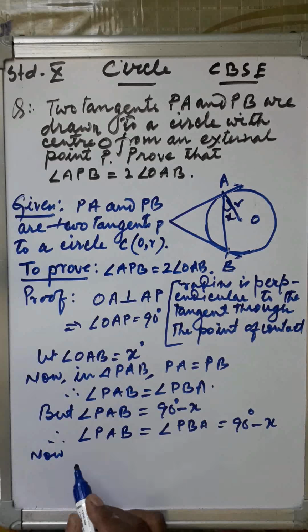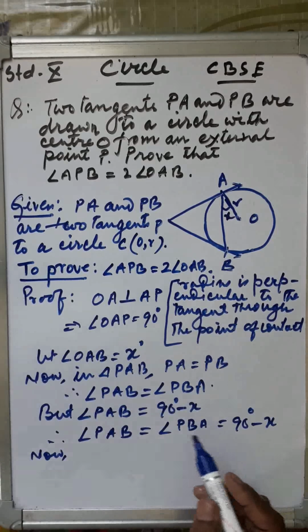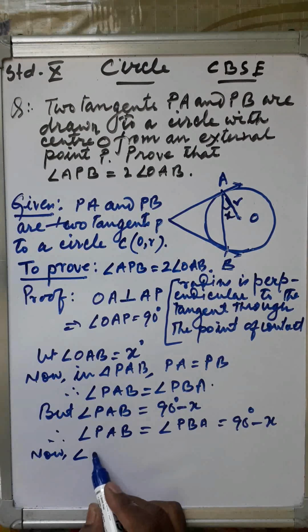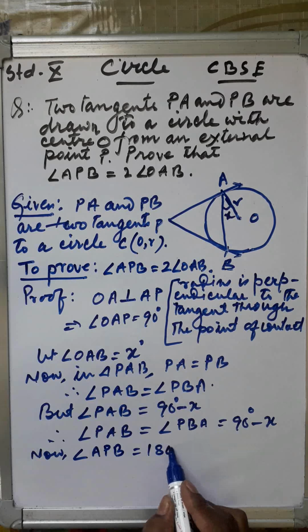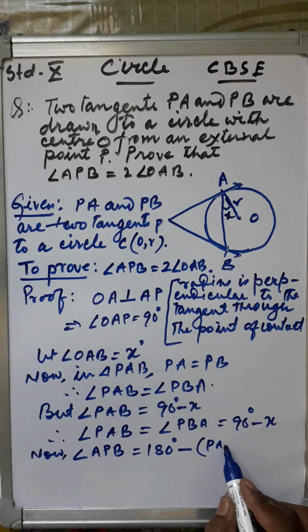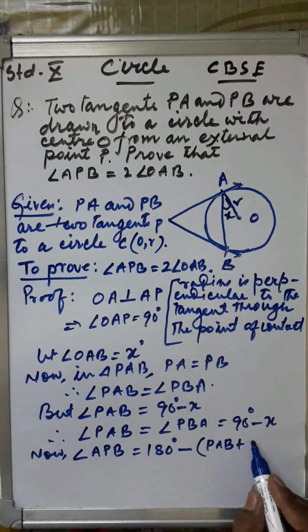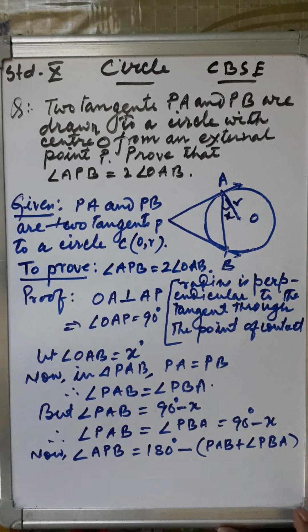Now in the same triangle we have angle APB is equal to 180 degrees minus the sum of angle PAB plus angle PBA. That is the formula for the third angle of a triangle.